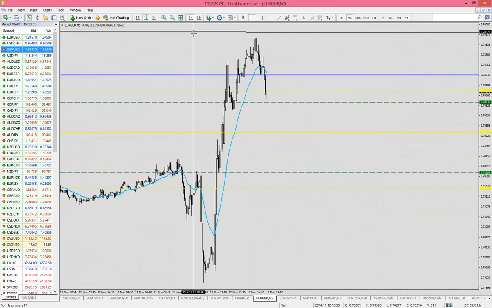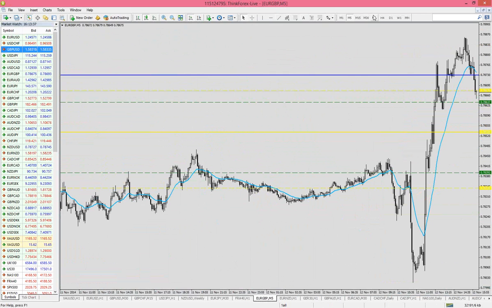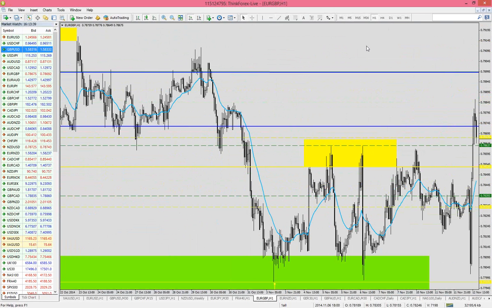Euro pound. There is, in our opinion, some kind of overreaction into the Bank of England November inflation report. We saw a huge rally above our zone.